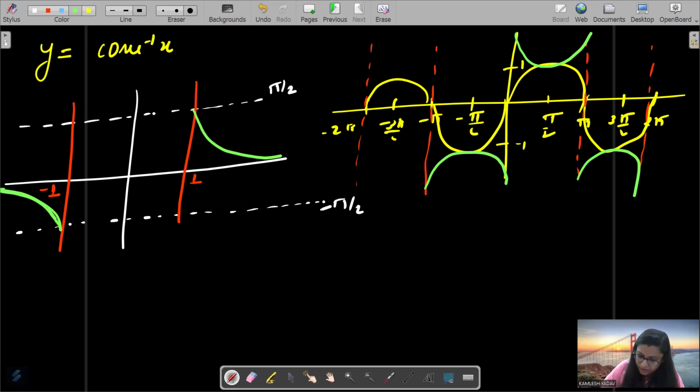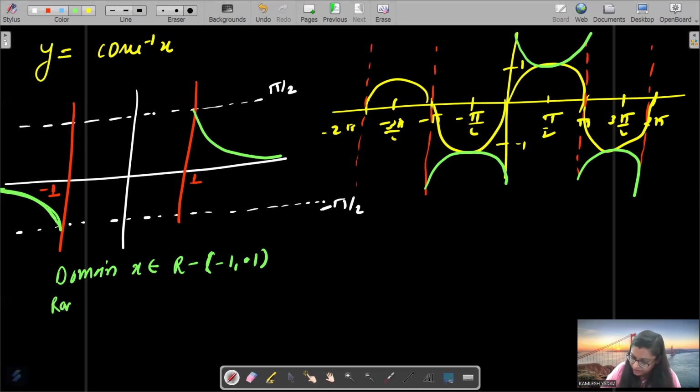Now we discuss their domain and range. The value of x belongs to R minus the interval -1 to 1, because our curve lies everywhere except the points 1 and -1. So the domain is x belongs to R minus -1 to 1.